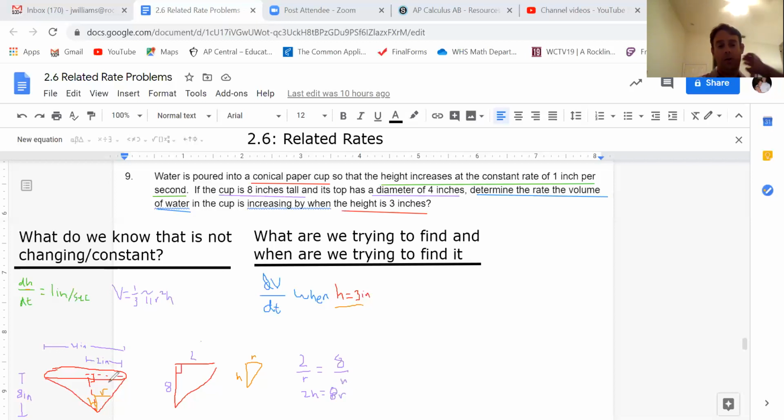All right, and we're trying to get rid of the radius again, right? So we're going to get the R by itself. And if we do that, we find out that R is 1/4 H. So the radius is always 1/4 the height, which means we're going to change our volume formula here.